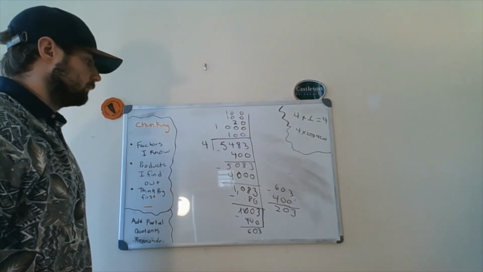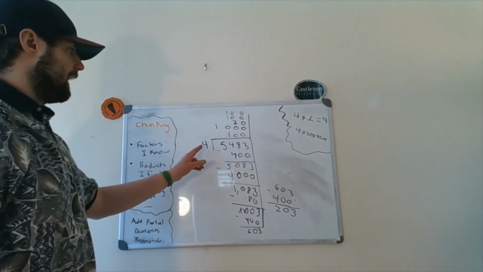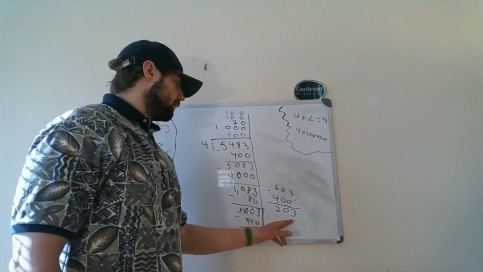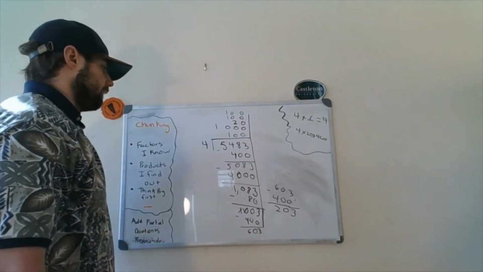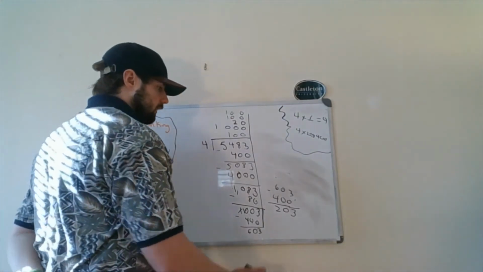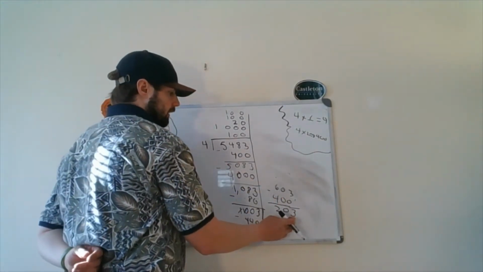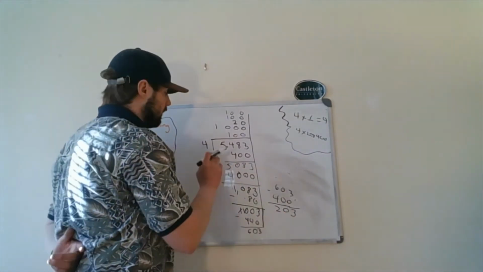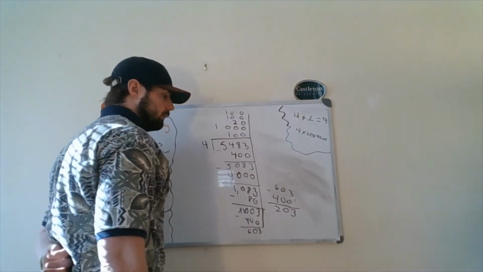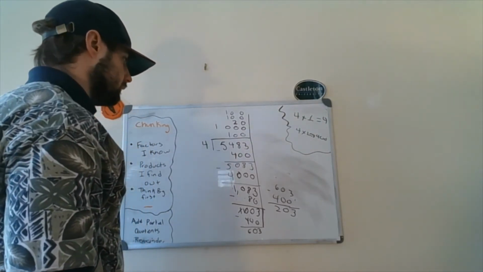So, I need to again look at friendly numbers. Taking a look, I know that 4 can't go into 3 evenly, and it can't go in at all, and 4 cannot go into 2 at all.